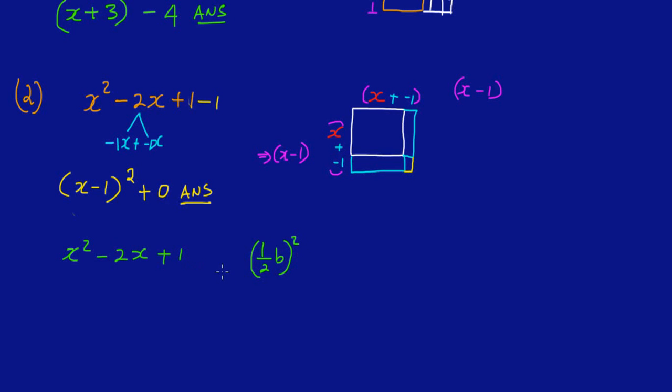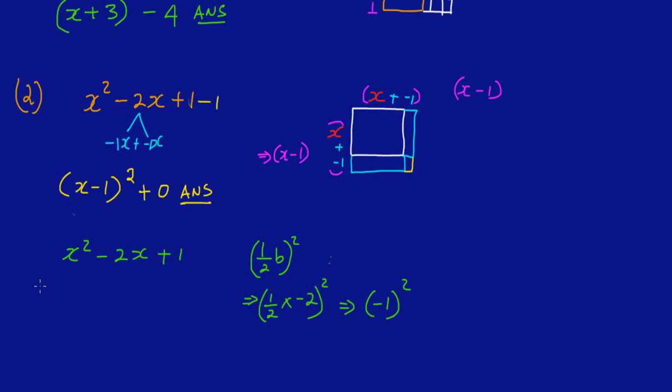If b in this case is negative 2, you would be saying to yourself that half of negative 2 would be negative 1, and I'm going to square negative 1.